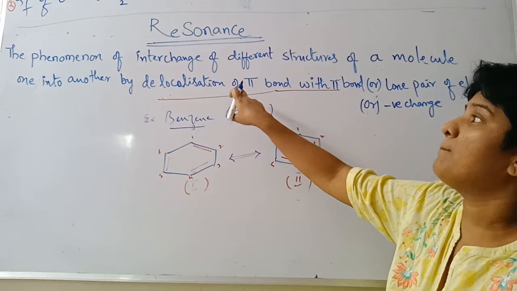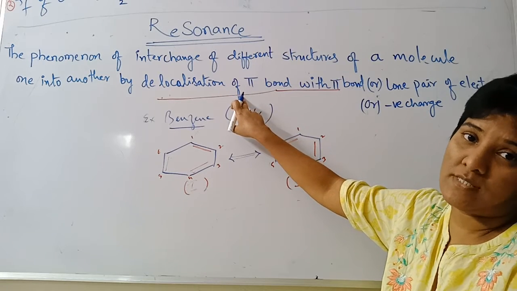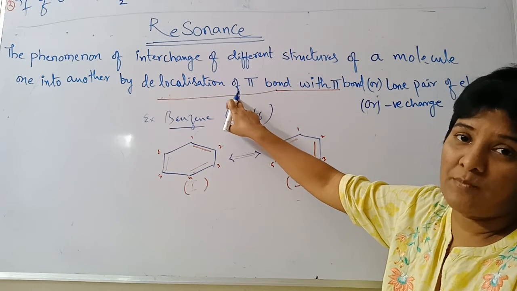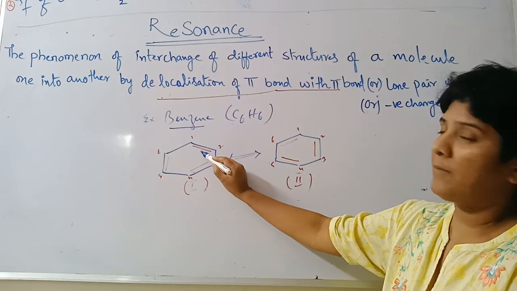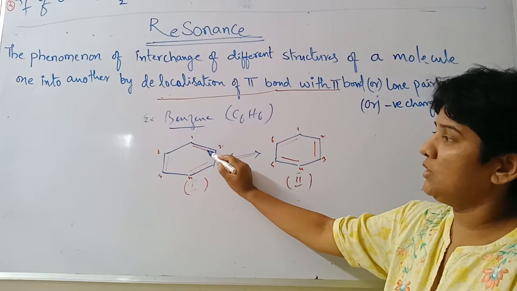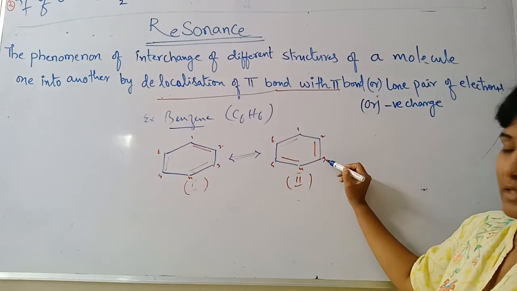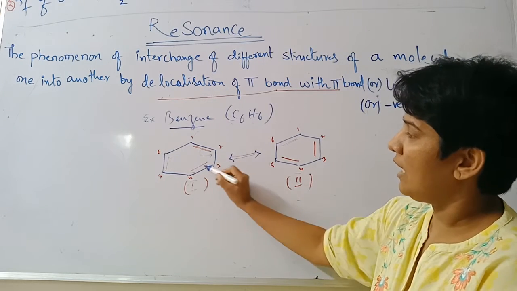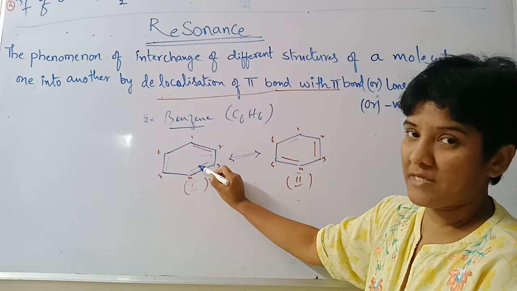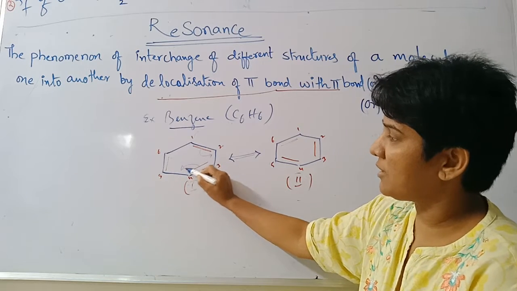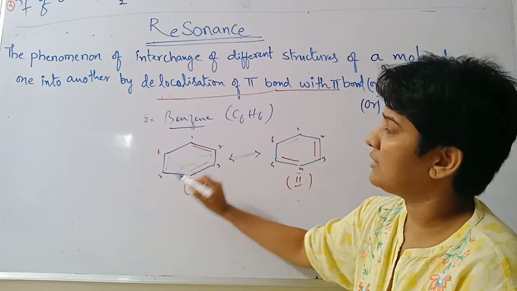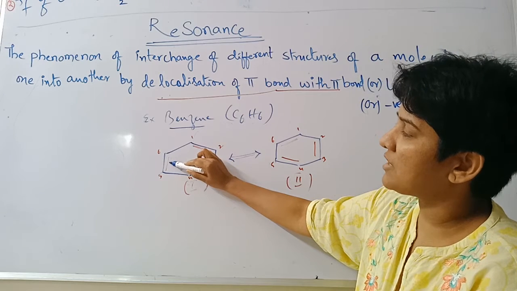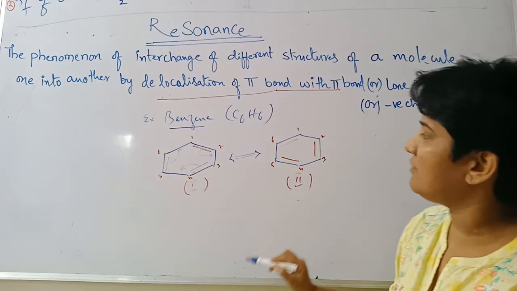By delocalization of pi bonds, the change in position of pi bonds. The pi bond present between 1 and 2 shifted to 2 and 3, the pi bond between 3 and 4 shifted to between 4th and 5th, and the one between 5th and 6th shifted to 6th and 1st.